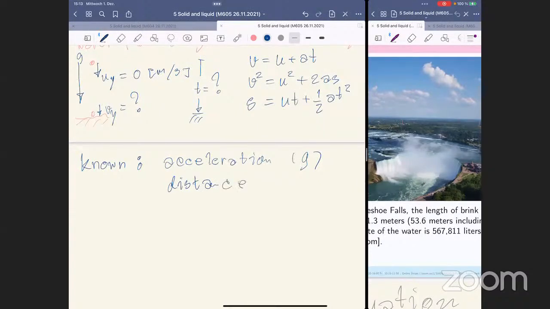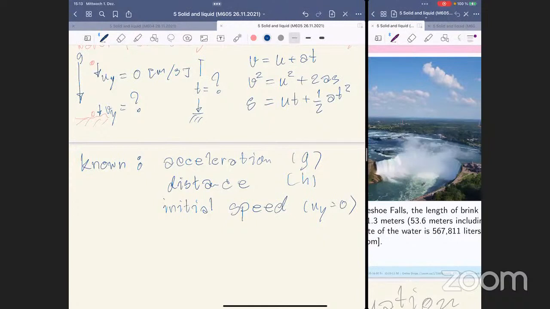We know the distance, which is h, the height. We know the initial speed, which is uy equals 0.